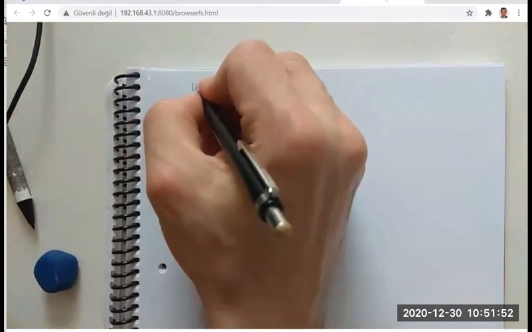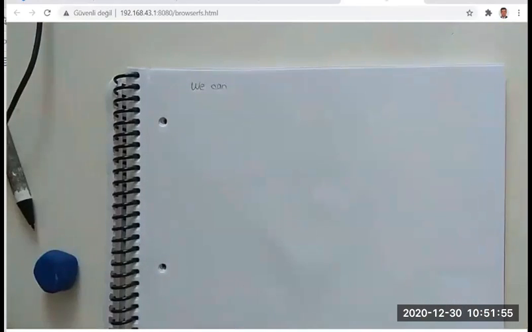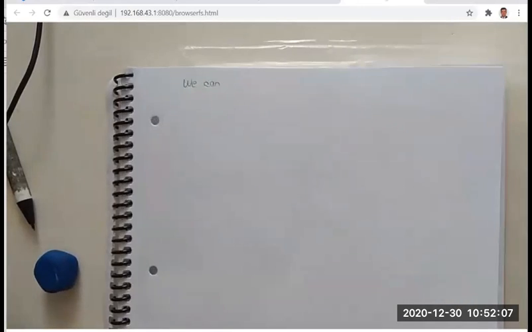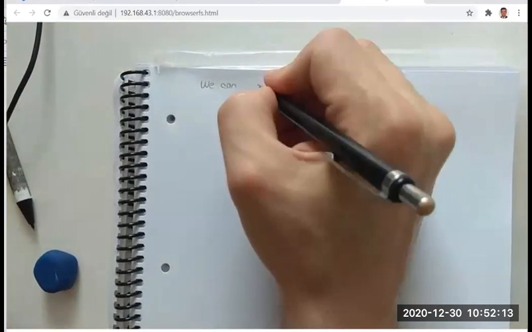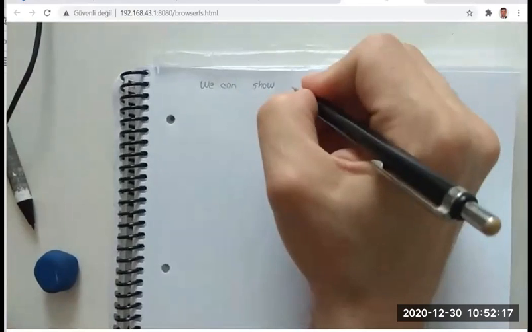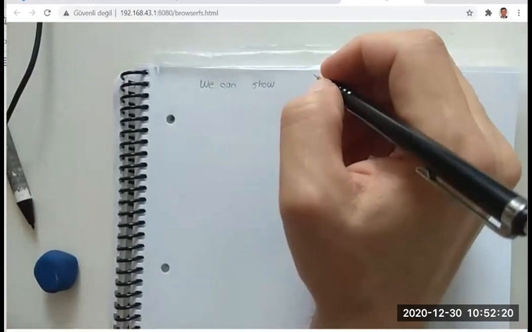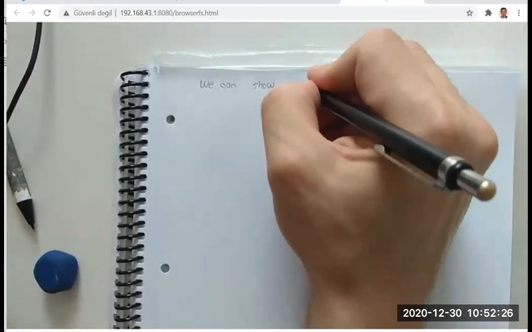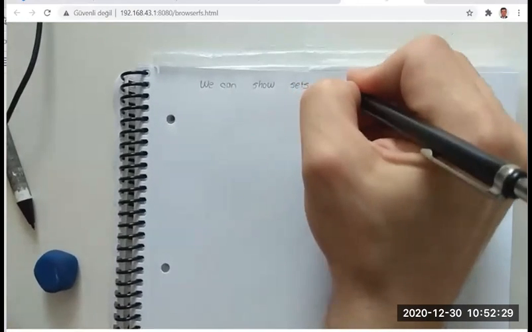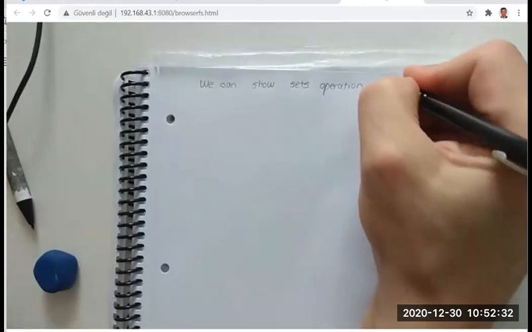Also, we can show set operations using Venn diagrams.